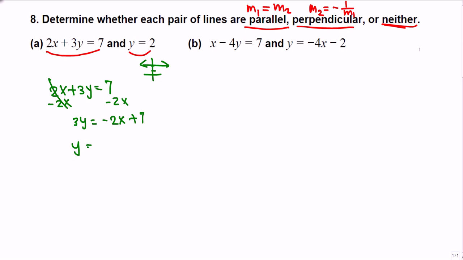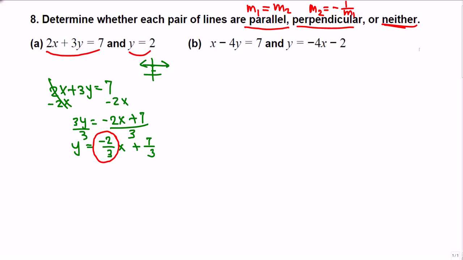So we get y equals negative 2 over 3 x plus 7 over 3. Now this is in the form y equals mx plus b. We are interested in the slope, so the slope is negative 2/3.